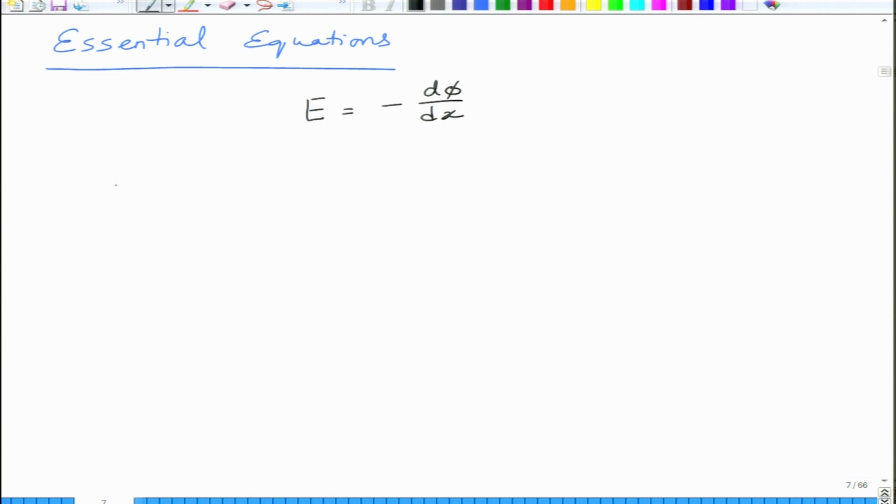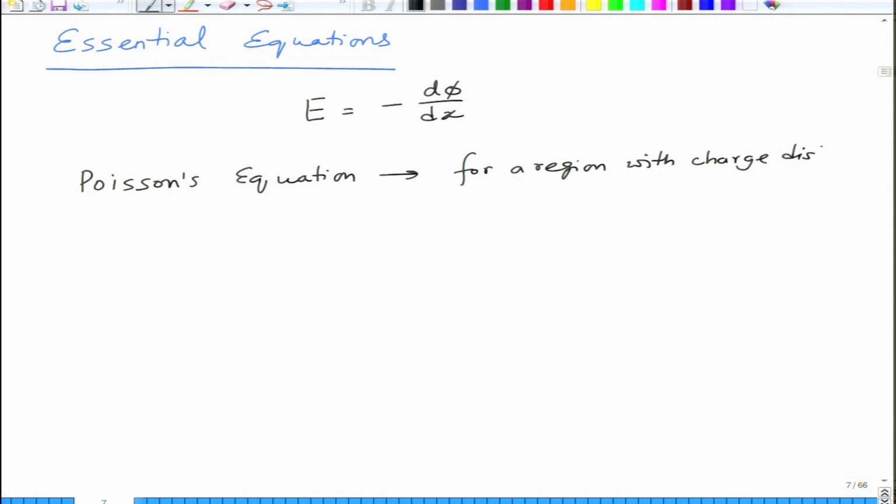Now we have an equation which is called Poisson's equation, which applies in a region where you have a charge distribution.